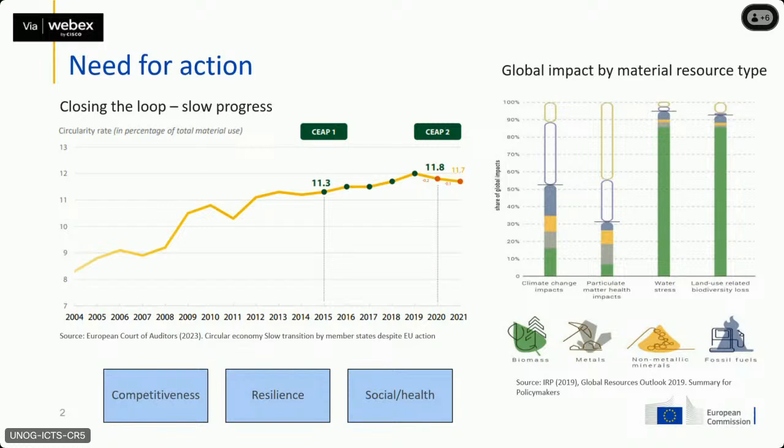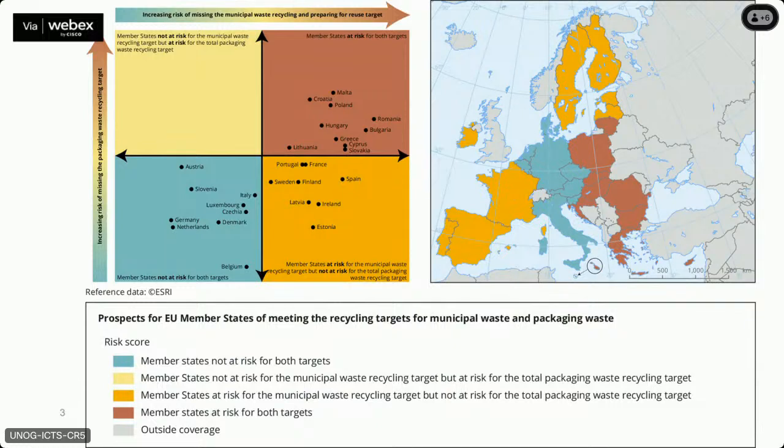I'm just trying to provide you with the linkages from the EU level and how we see it. This is based on what's called an early warning report on waste, which we published last year, where we look into how far away member states are from targets set out in our legislation, both on municipal waste and packaging waste, but also on landfilling.